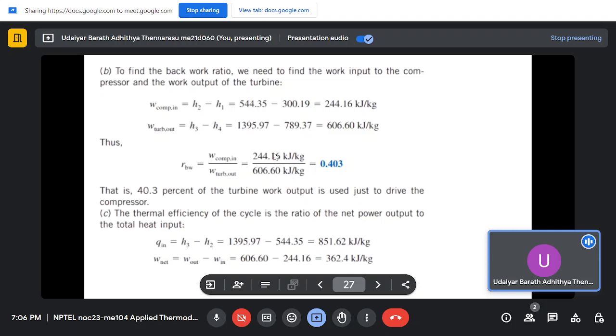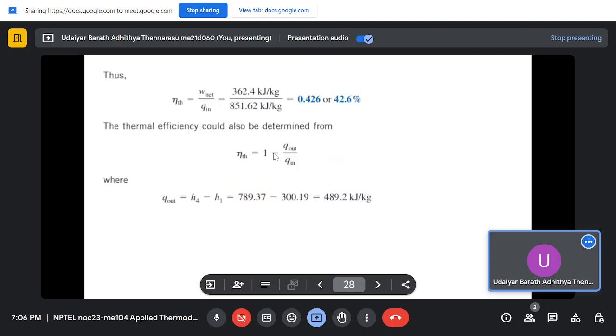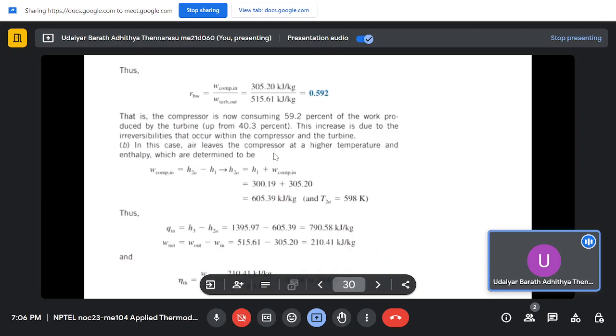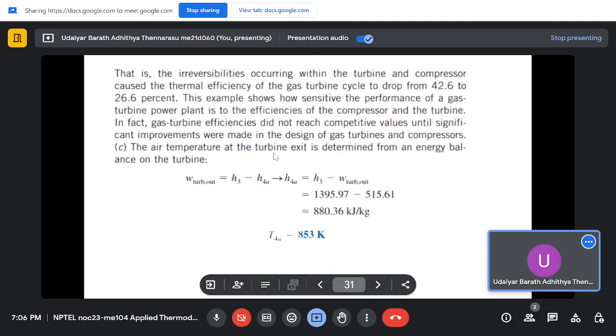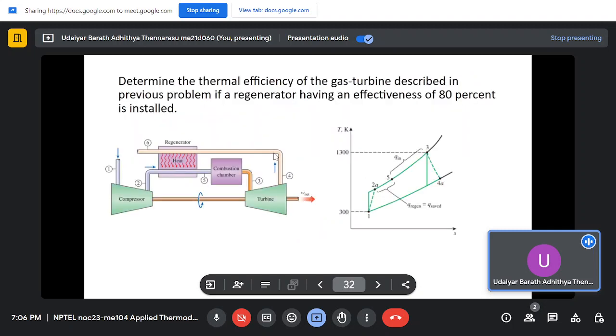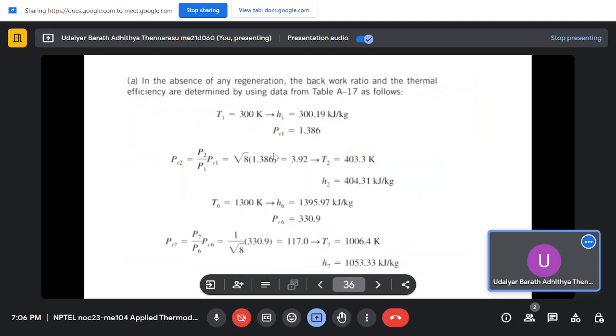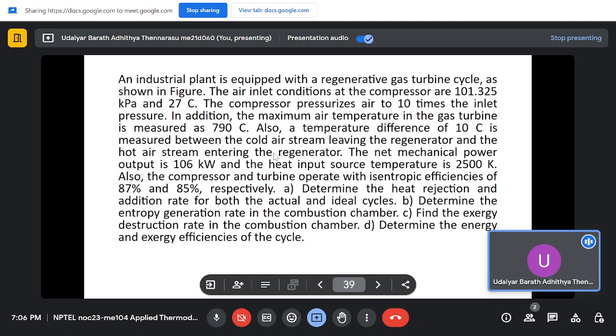There will be a difference in the value of the work output and thermal efficiency, because the enthalpy values which have been taken are the actual air standard values. So if you assume that the specific heat is constant with respect to temperature, this value will be different, and your enthalpy values will also be different, and your work output and eventually the other values will also be different.